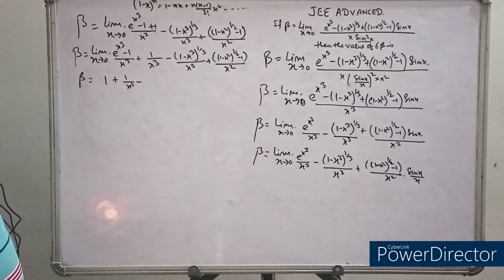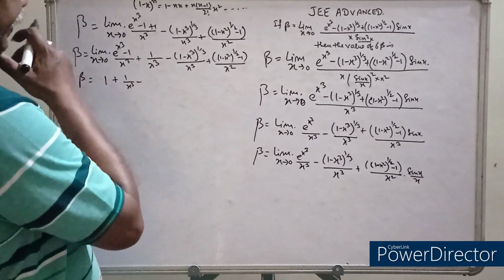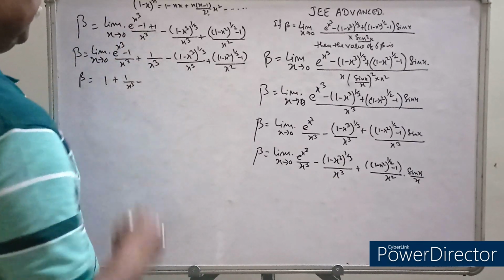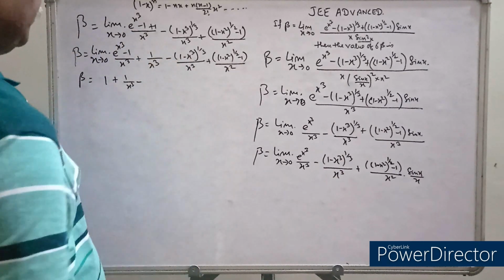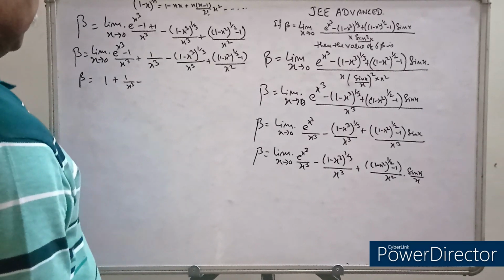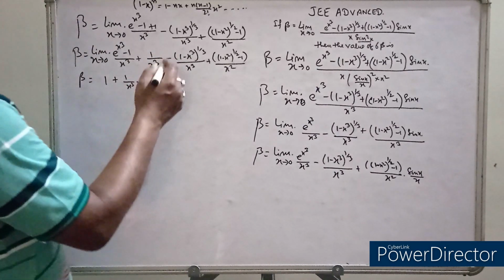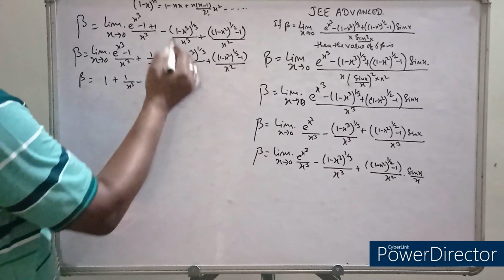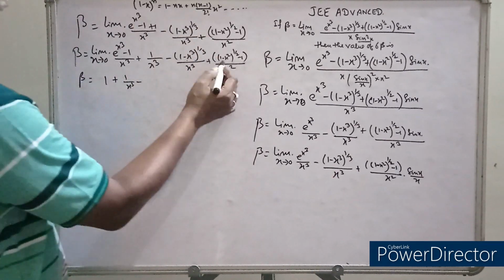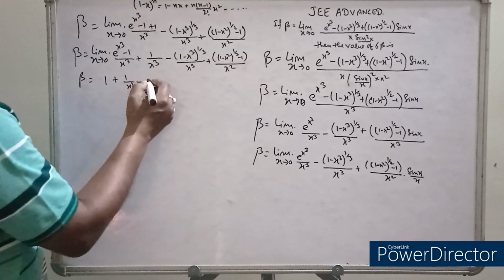So let me do one thing here. I am going to take the help of this binomial expansion here and here. So what is the result? Let us see.